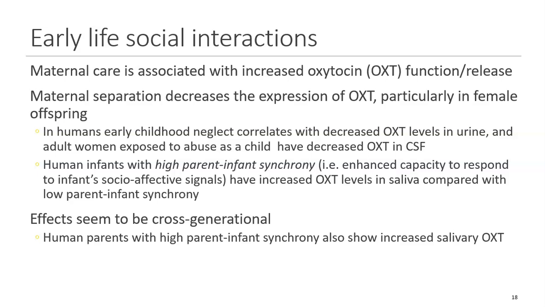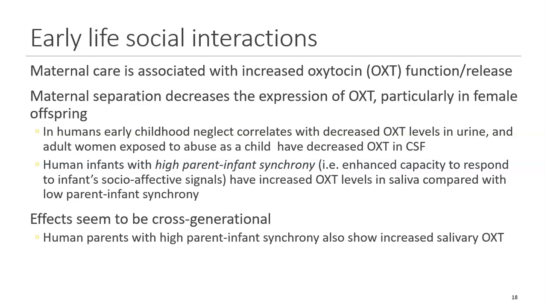So in humans, early childhood neglect is correlated with a decrease in oxytocin levels measured in the urine, and adult women that were exposed to abuse as a child have this decrease in oxytocin levels in their cerebrospinal fluid, so even as adults. So this maternal separation at a young age will cause lifelong depletions of oxytocin release.